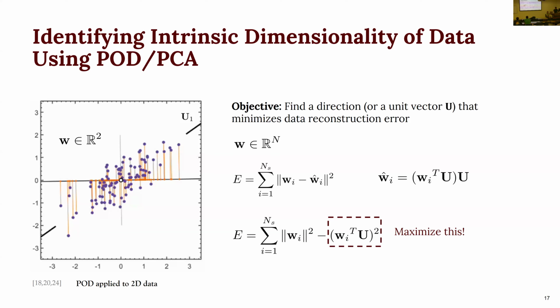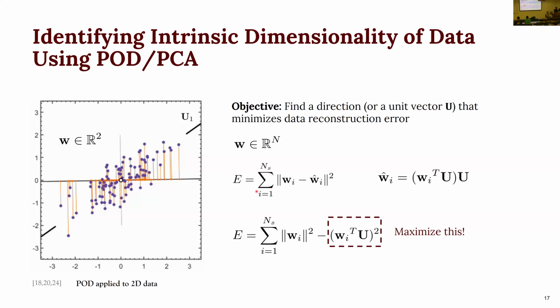So we define an error E, which quantifies the discrepancy between the original data point Wi and its approximation Wi hat. We define this approximation Wi hat as the projection of Wi onto our chosen unit vector U. We do not know it yet. We are trying to find this out. So the goal is to minimize this error E.